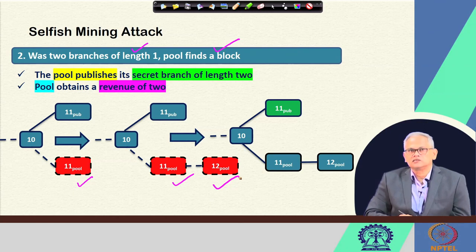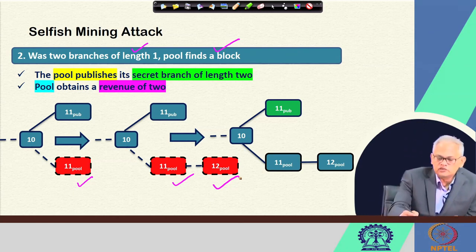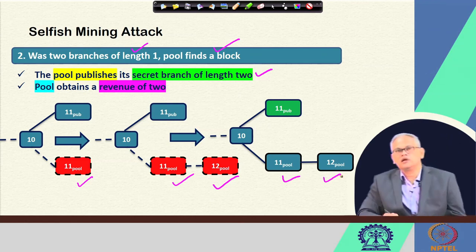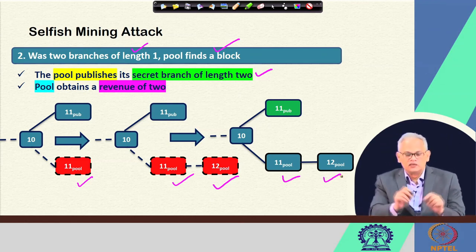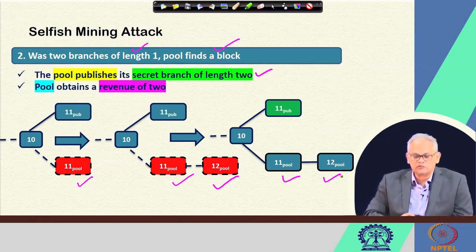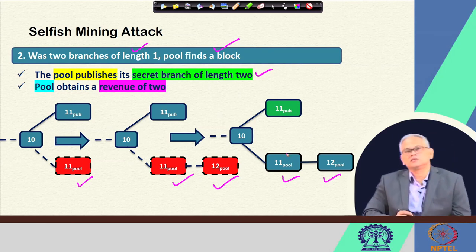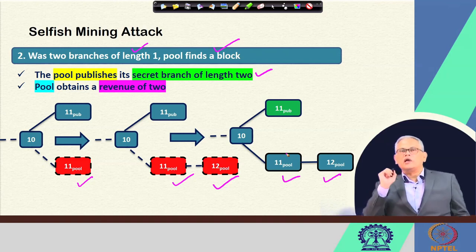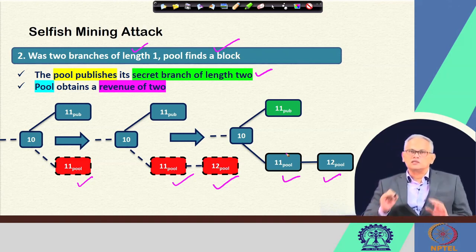So, what the attacker does is that the attacker's pool publishes its secret branch of length 2. Now you see that this secret branch has been published and the dashed rectangles have been converted into these bold lines. That means these have been published. Whatever has been put in these dark or continuous rectangles denotes that it has been published.